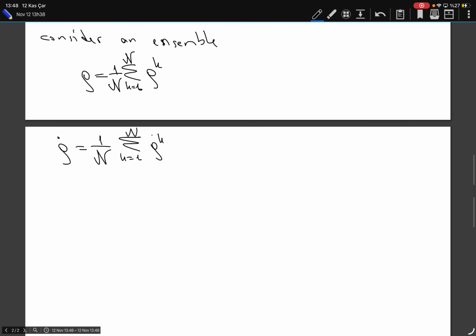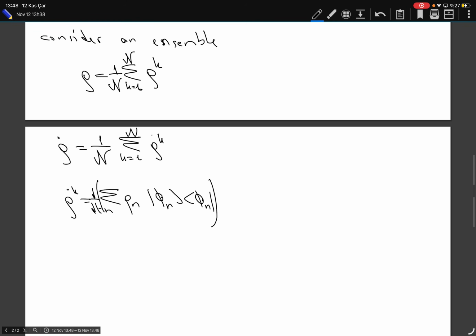So let me look at the time evolution of the density matrix of a single member of the ensemble. And remember, this density matrix will be the sum over n of Pn times phi n phi n. So I need to take the time derivative of this operator.